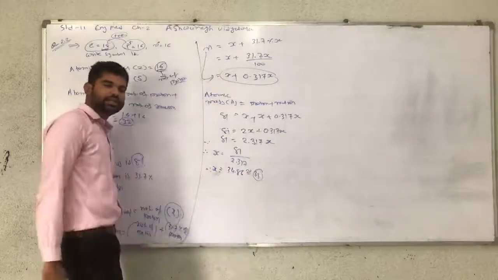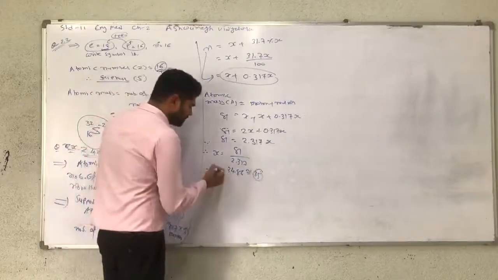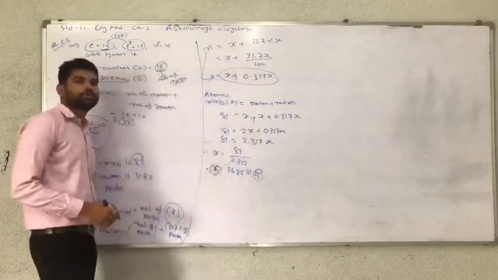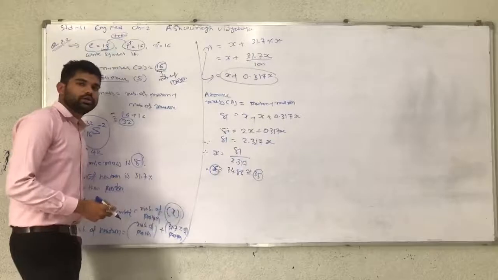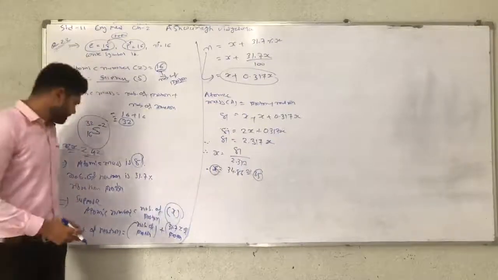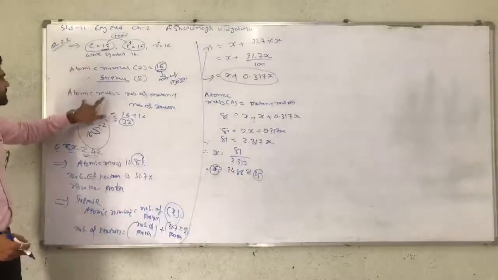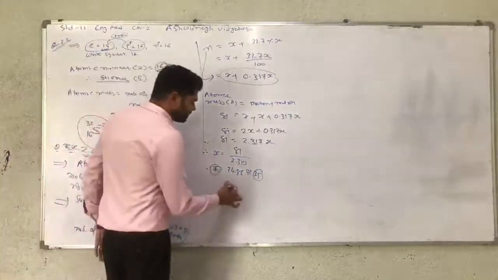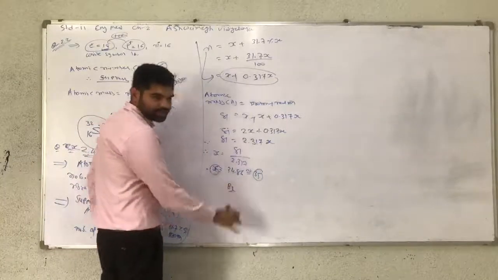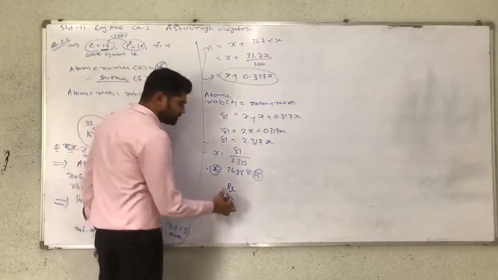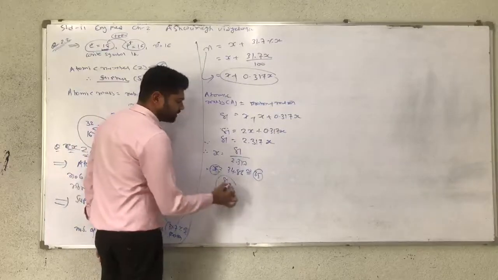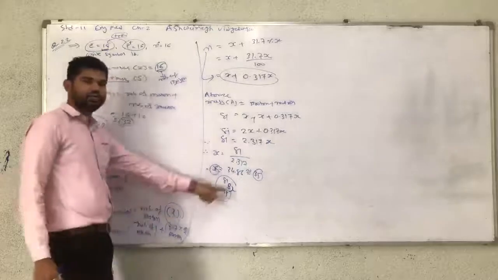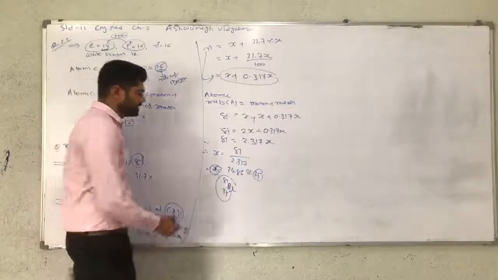So X means the number of protons, which represents the atomic number. Therefore 35 is the atomic number. Bromine contains atomic number 35. So the symbol is 35 with 81 as the atomic mass.